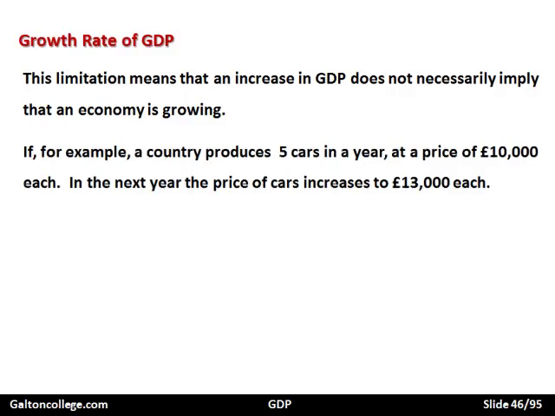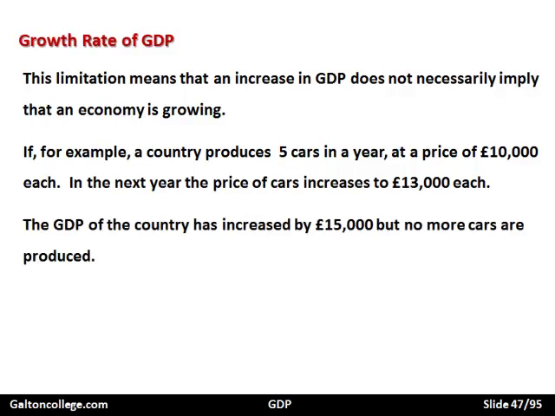If, for example, a country produces 5 cars a year at a price of £10,000 each, in the next year the price of cars increases to, let's say, £13,000 each, the GDP of the country has increased by £15,000. But no more cars are produced. So it produces 5 cars each year, and the first year it sells the cars for £10,000.